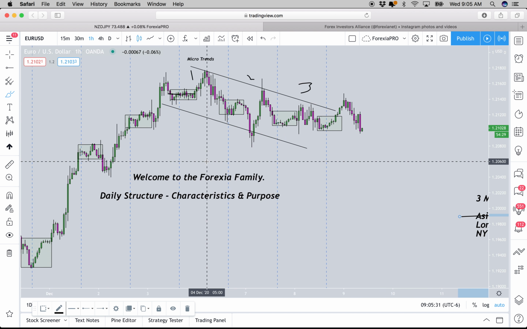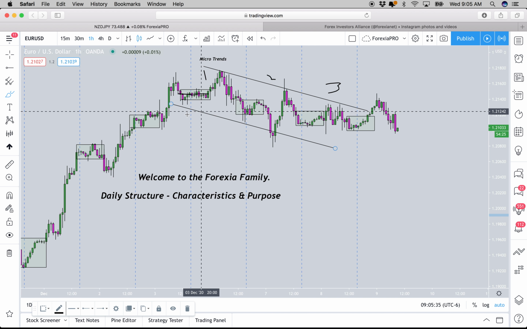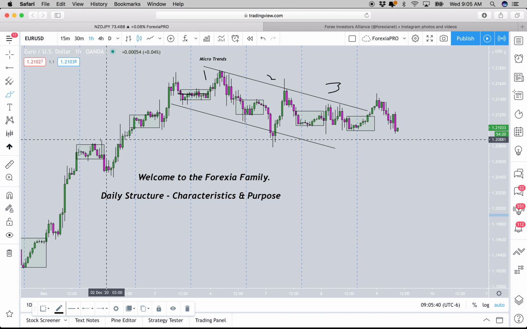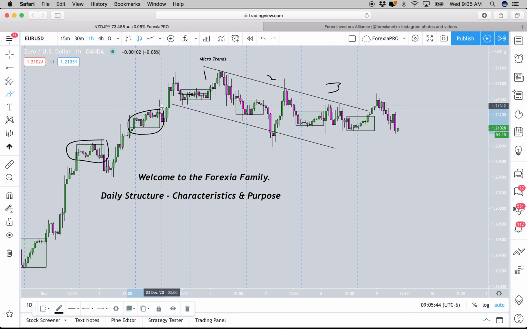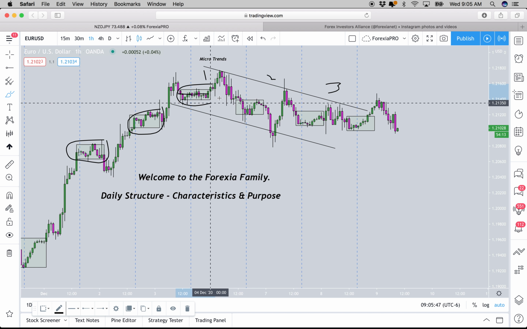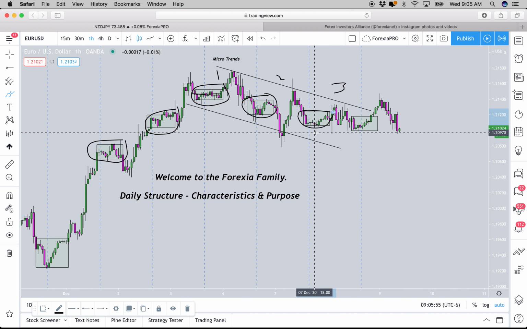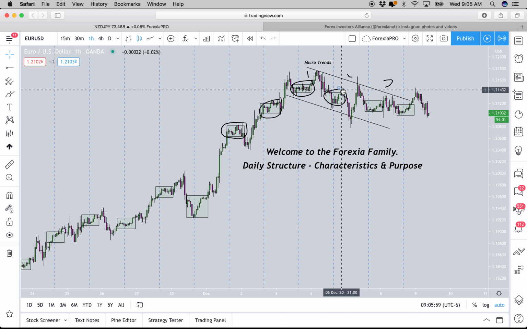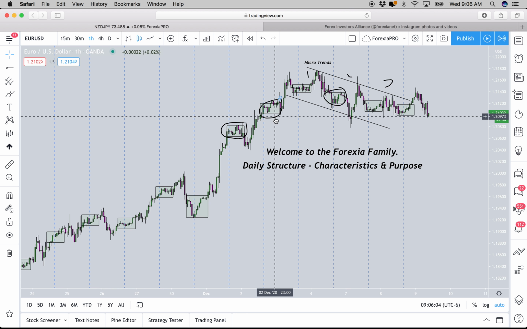When we look at Asian session here on our chart, I have marked it out in green. Asian session is the consolidation session, the phase where the market spends its time in consolidation. Also, this is mostly the time that a lot of retail traders are taking their positions.